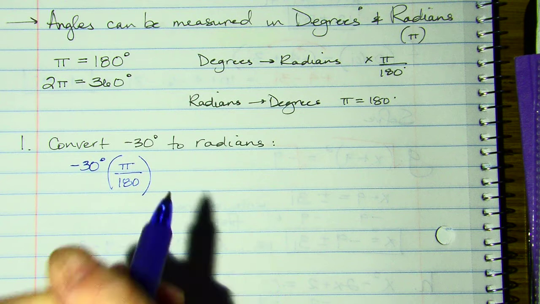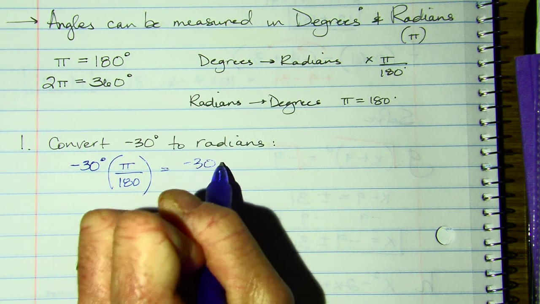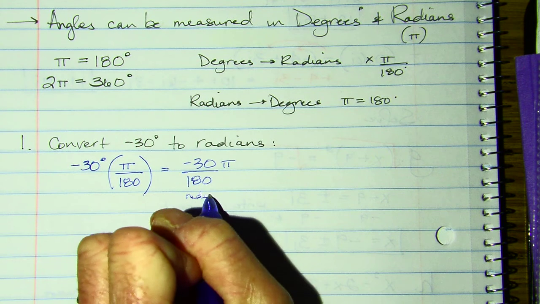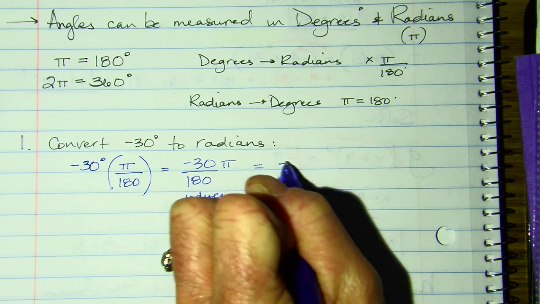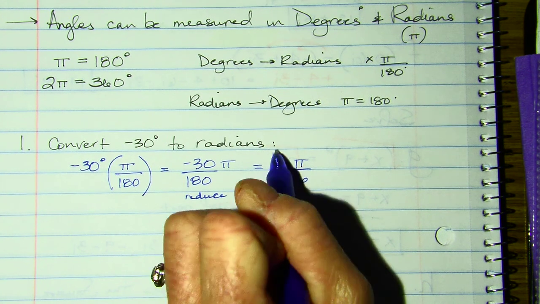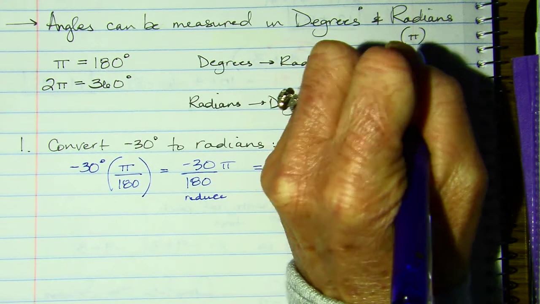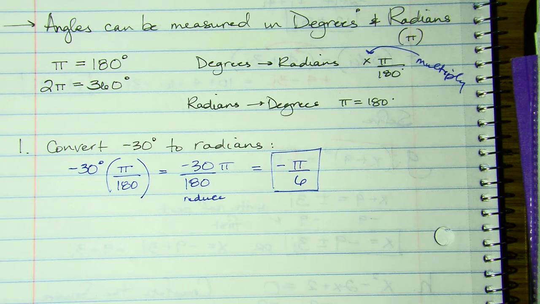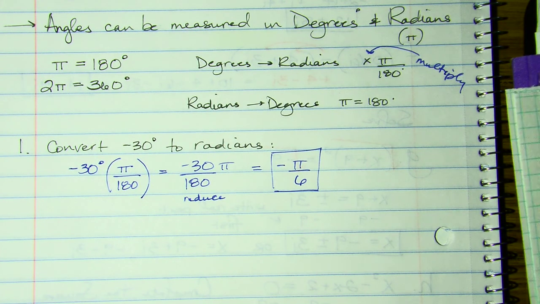This gives me negative 30 pi over 180, and then I can reduce, and that would give me negative pi over 6, because I get 1 over 6, and I don't need 1 pi over 6, it's just pi over 6 radians, however you want to pronounce it. That is the answer. I'll put that on here. This means multiply. Now you could also just use your unit circle, but I will go over that in a minute.